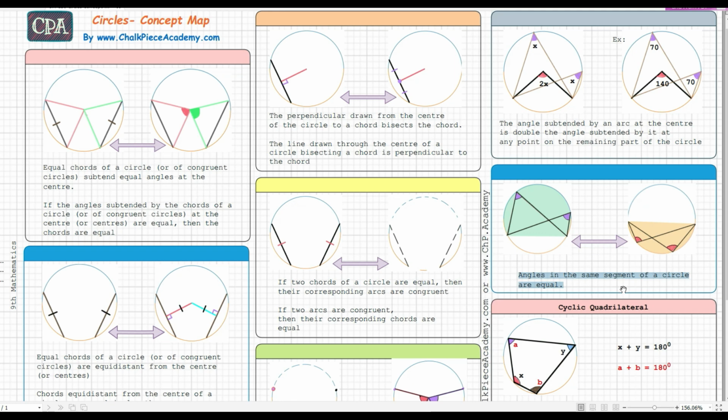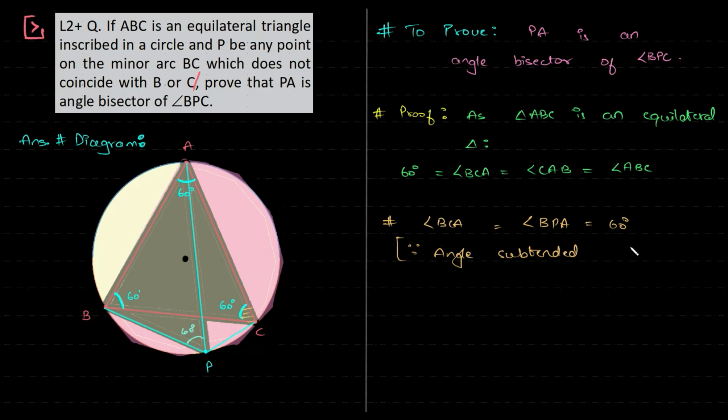Angles subtended in the same segment of a circle are equal. So these two are 60 and 60.